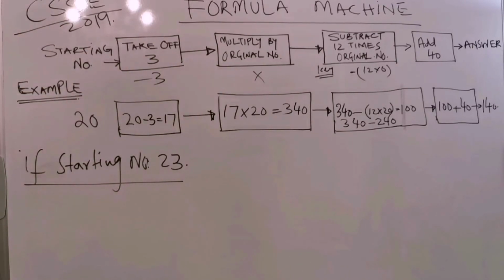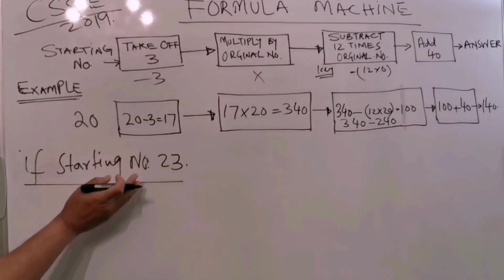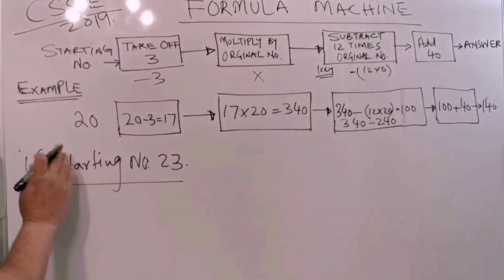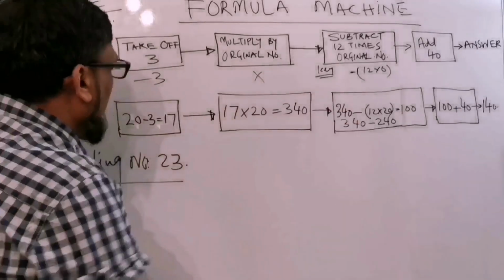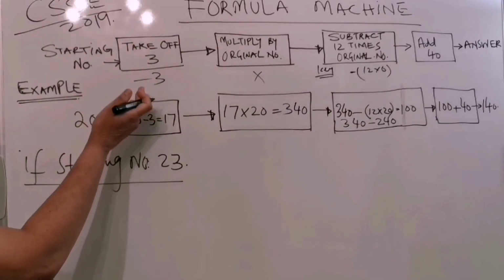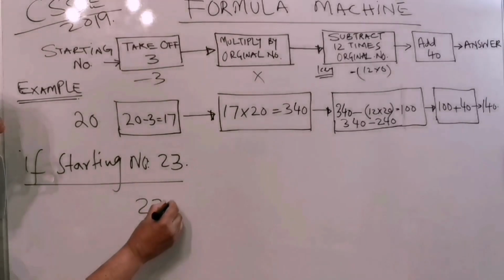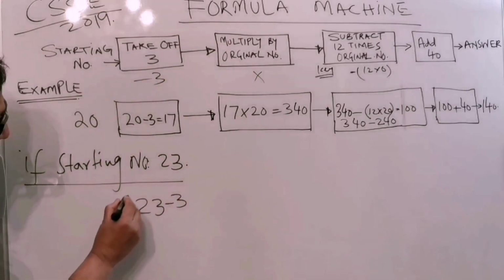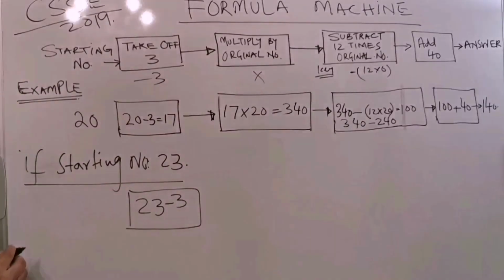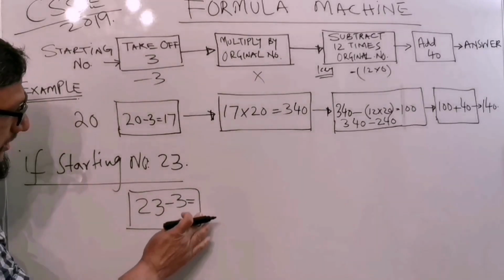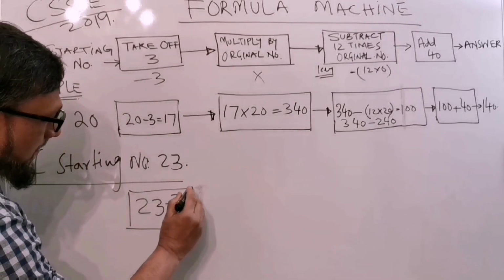Simply do the same things. The examiner is asking, if the starting number is 23, what is your final answer after processing in this machine? The first step is take off 3. The starting number is 23 minus 3. So 23 take away 3, the answer is 20.